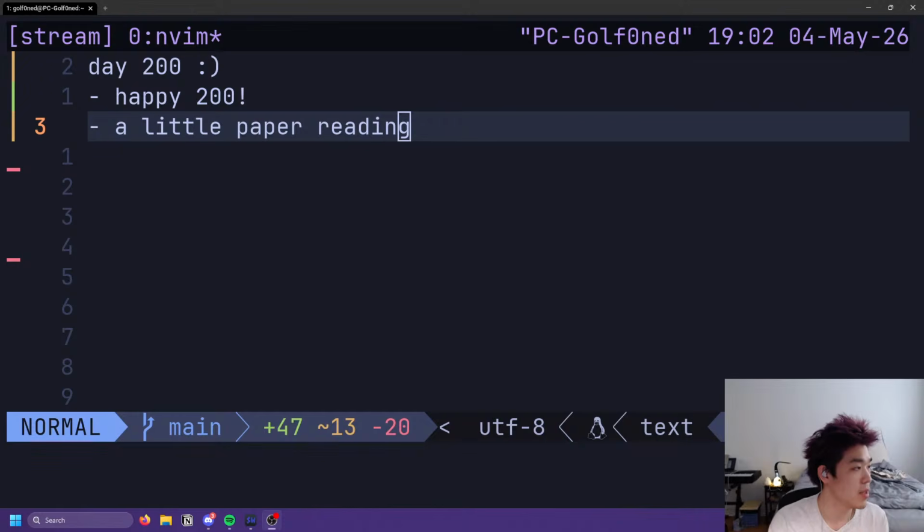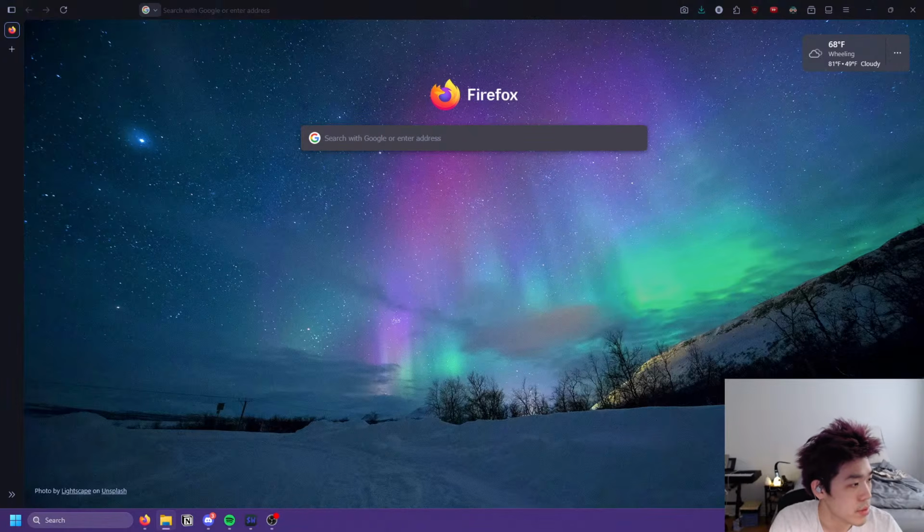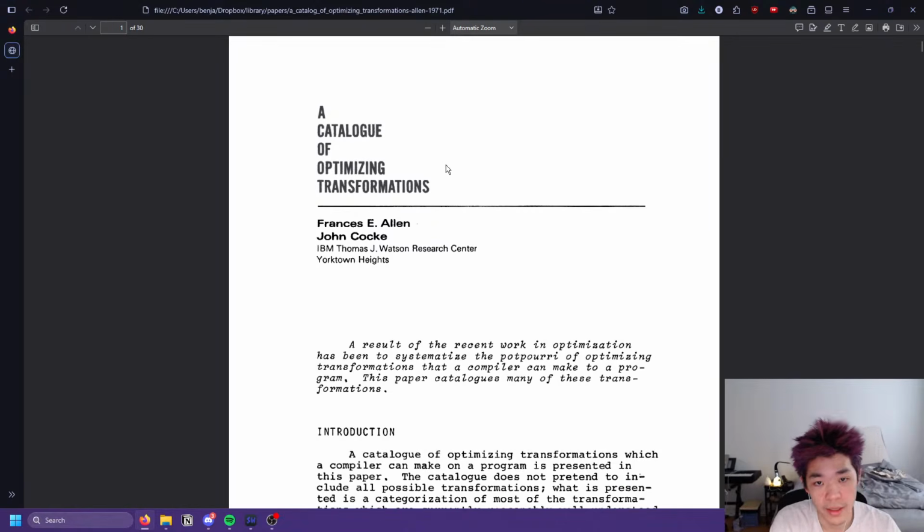So yeah, I also have a couple of other references that are kind of just at the ready. Let me pull up the paper. Let's see, where does this live? This one. The catalog of optimizing transformations. This is kind of the go-to catalog of all of the different optimizations that are generally used at this point.